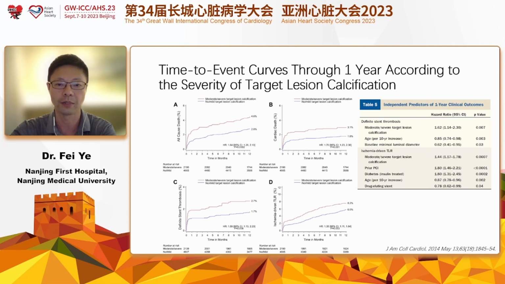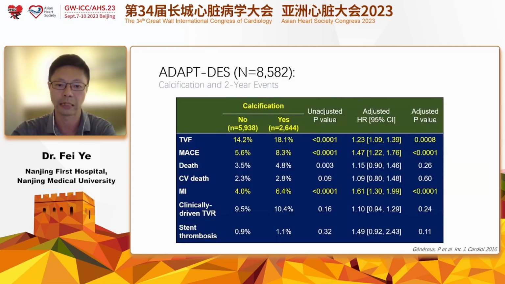We can see that stent thrombosis was very high with non-calcification lesions. Another paper published in 2016 on adapted DES trials also found that patients with ACS with a culprit lesion with severe calcification had a much higher TVF, MACE, and myocardial infarction compared with others.